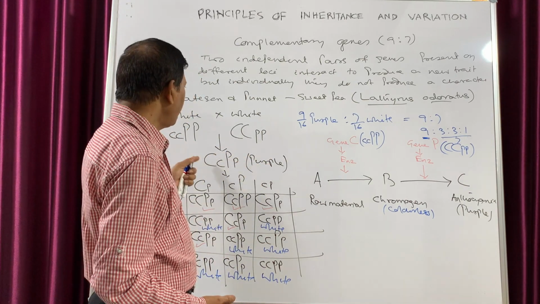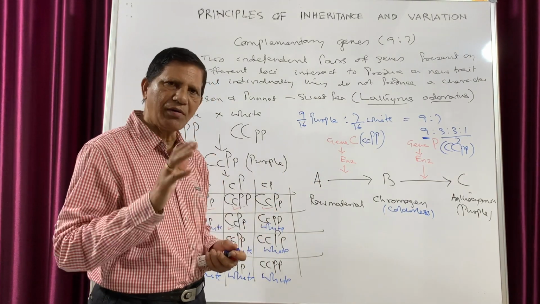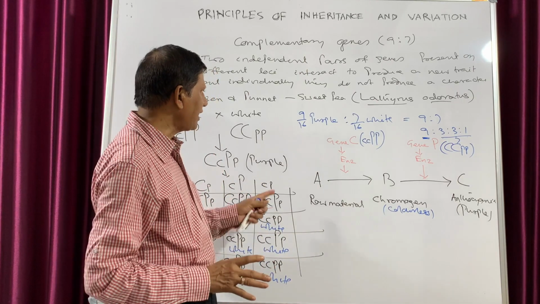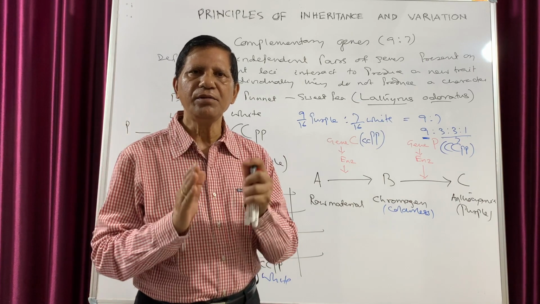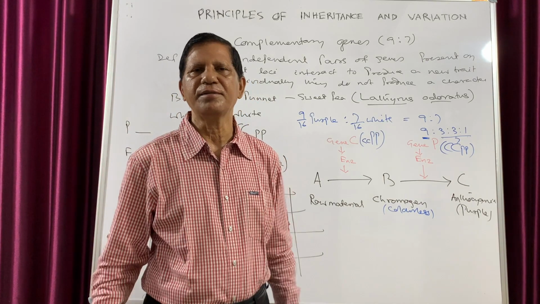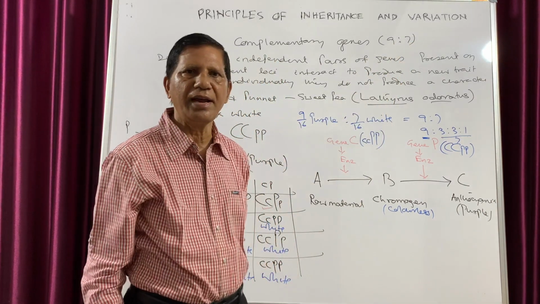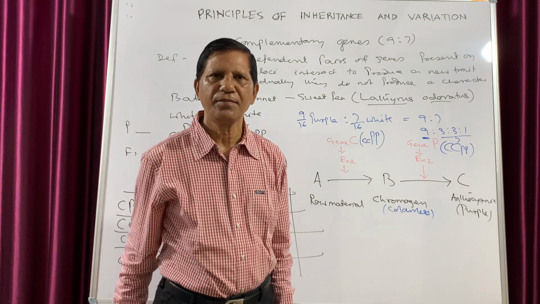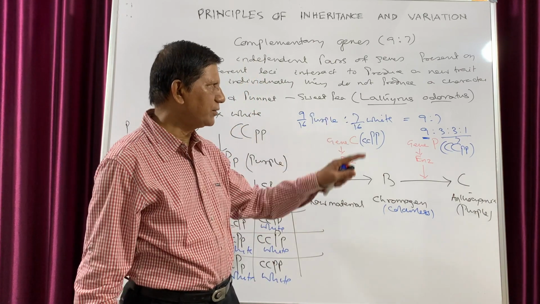So from both these cases, from the flower extract as well as from the cross, it is clear that the action of genes C and P are complementary to each other. This is known as complementary gene interaction, and it is giving a modified ratio of 9:7 instead of 9:3:3:1. So this is about complementary gene action, and the example is Lathyrus odoratus.